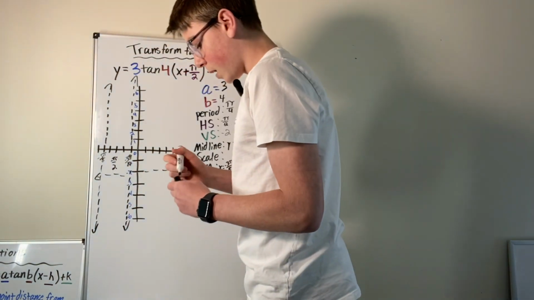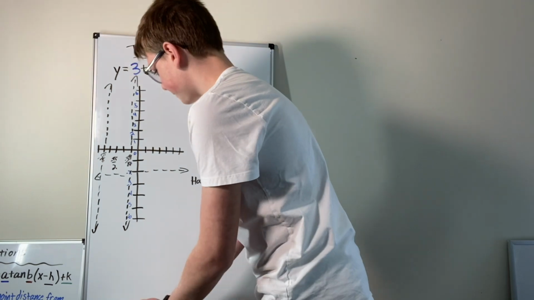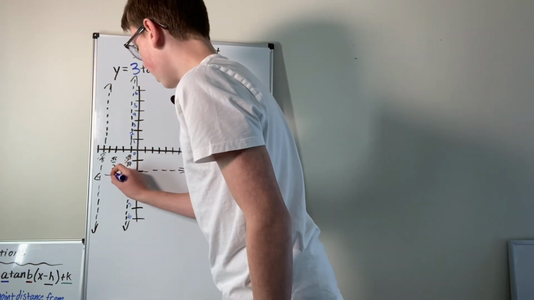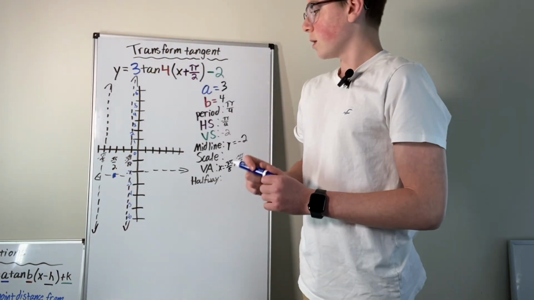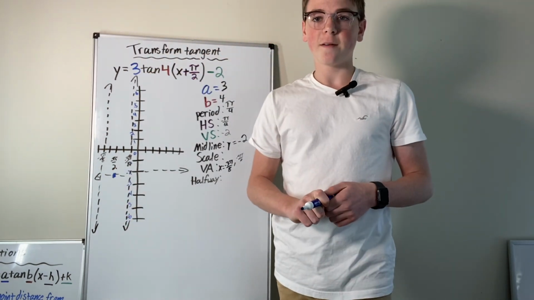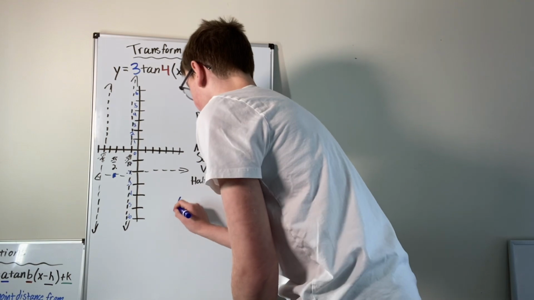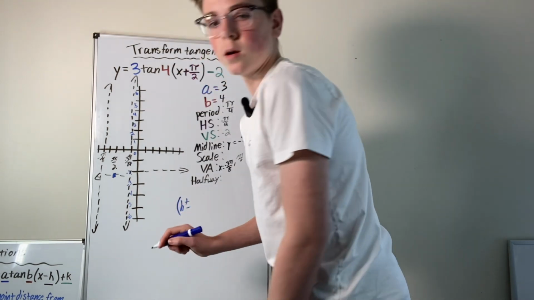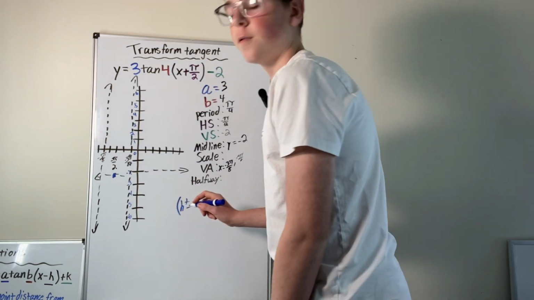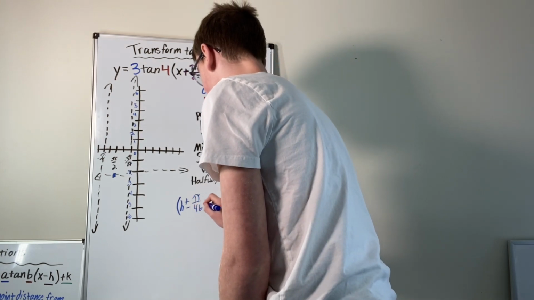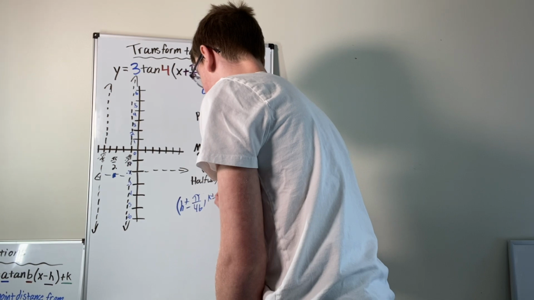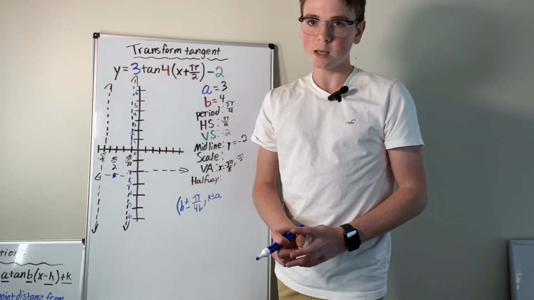Remember, I'm going to use a different color for our points. We can put on the midline at our horizontal shift. Then we have to find the halfway points. Remember, our formula is h plus or minus pi over 4b, comma, k plus or minus a, I believe.